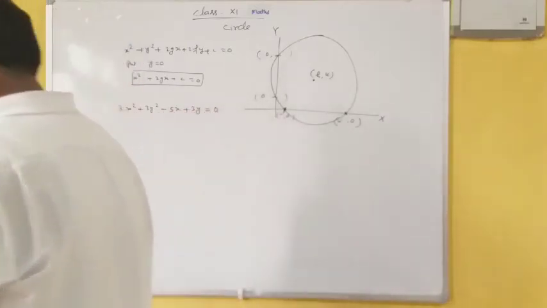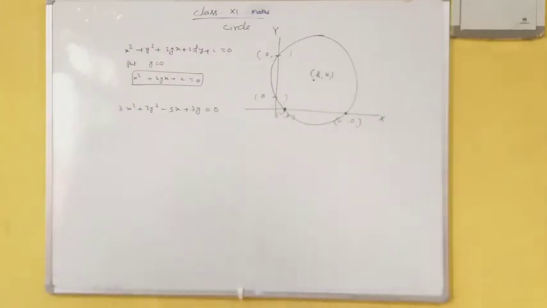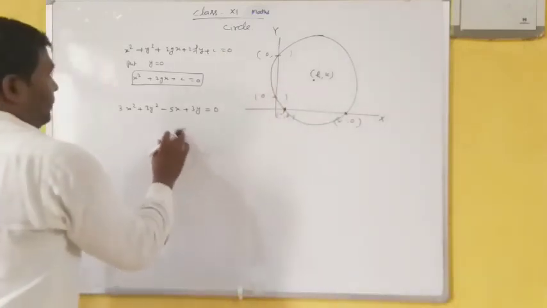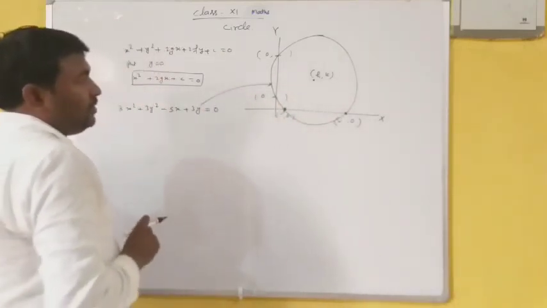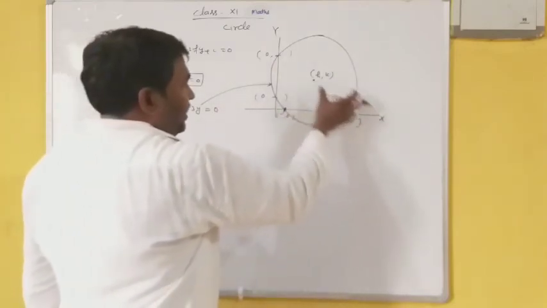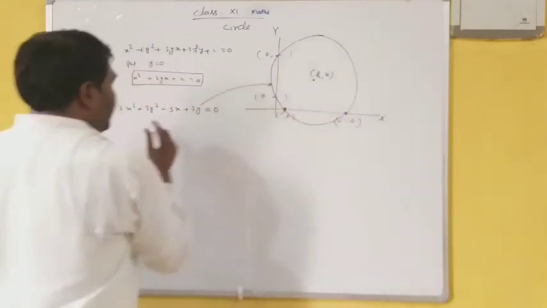It is given. So the intercept cut by this circle, suppose this is the equation of the circle, on the axes, means on the x-axis and y-axis.